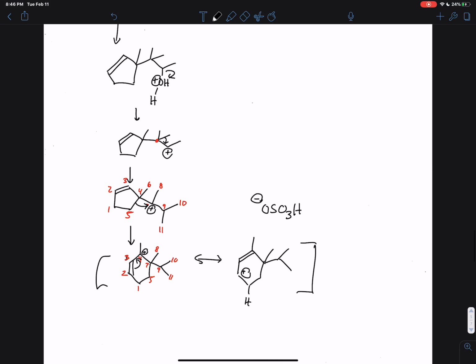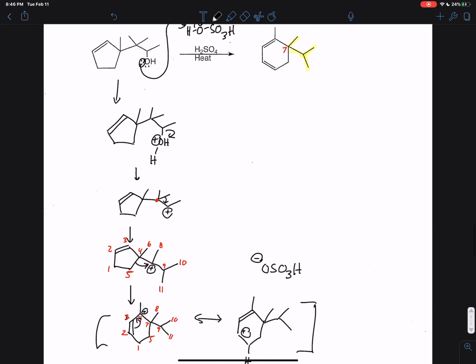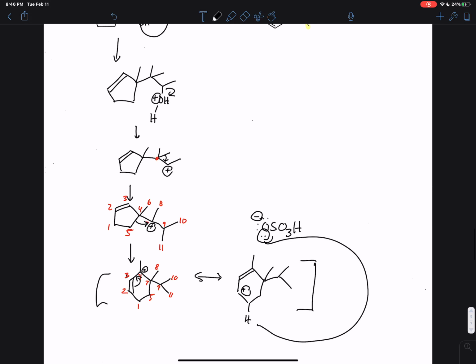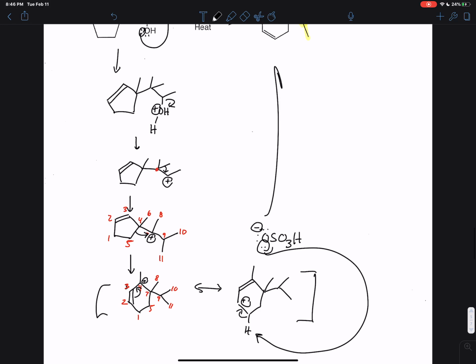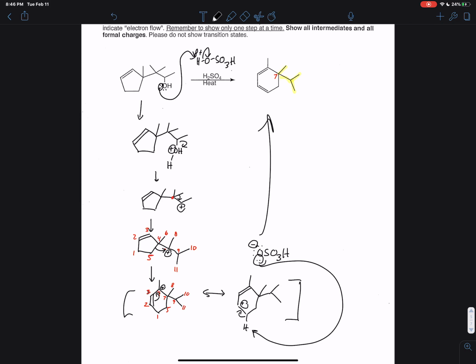So you would write it in this form, and you would deprotonate that proton right here, form a double bond, like that, and that would give you your product. So what type of reaction was that at the end? With the carbocation intermediate, base deprotonates, E1, perfect.